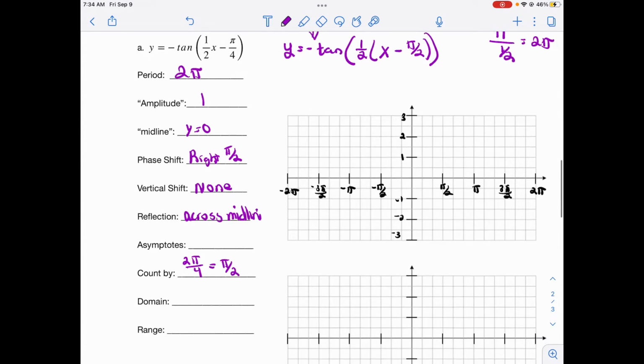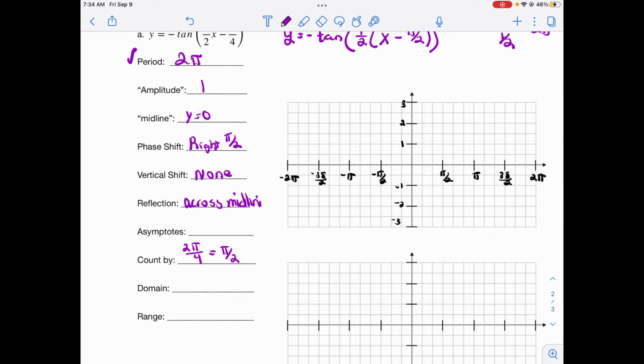So on this first graph here, I've already dealt with the period by changing what I'm counting by. There's no vertical shift, so I don't have to worry about that. There's an amplitude, the midline, there's nothing changed there. And I'm going to do the reflection across this. So I'm going to do those two transformations, the reflection across the midline and dealing with the period. I'm going to save the phase shift for my next one, so I'm not going to deal with the phase shift yet.